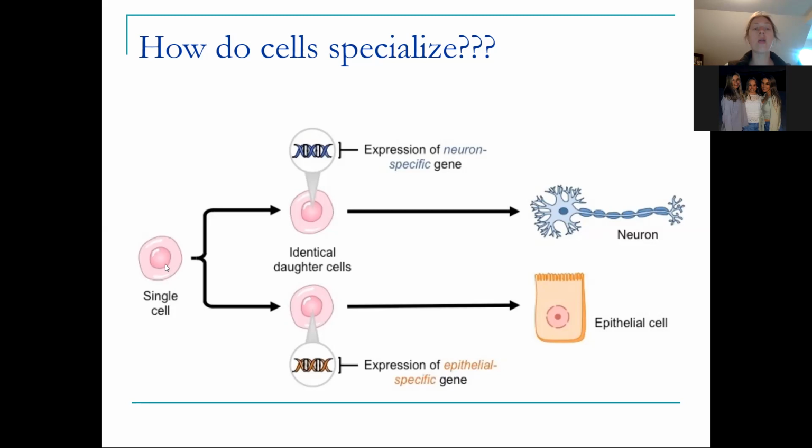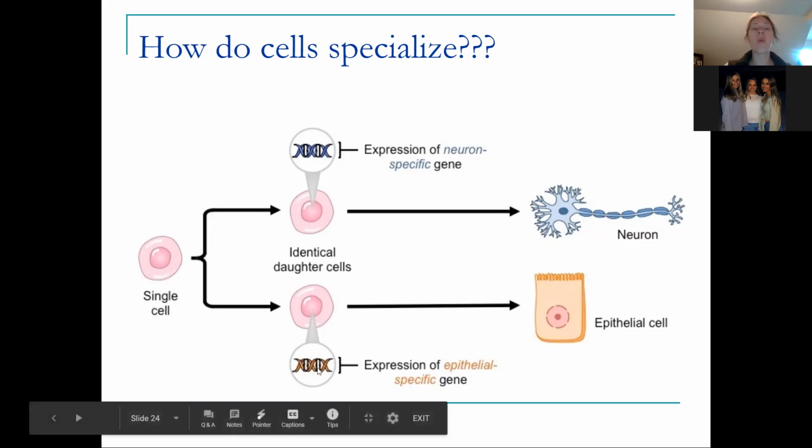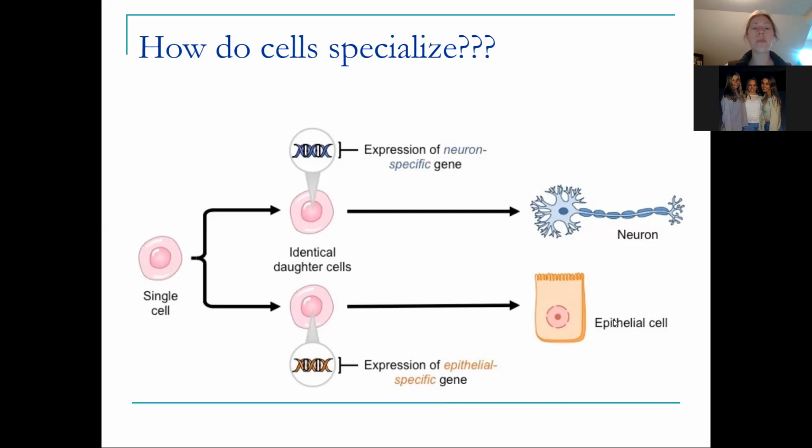So this single cell goes through cell division, copies itself, but then once it's been copied, it's going to get a signal that says you must follow these instructions to become an epithelial cell on the skin, and that's all you can do. So there's a big difference between just mitosis itself.